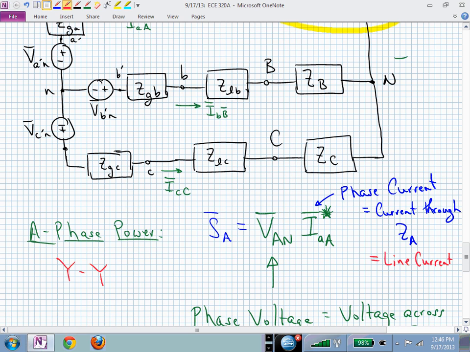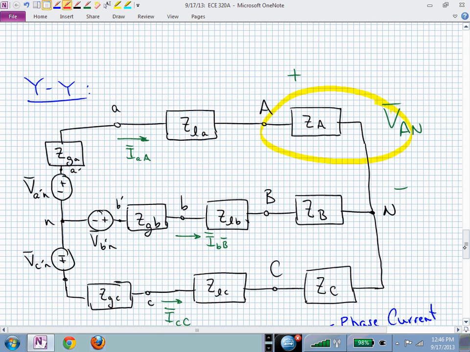Now they've placed their voltmeter positive to negative between A and B. I hope it's clear that that's not the same thing as V sub AN.